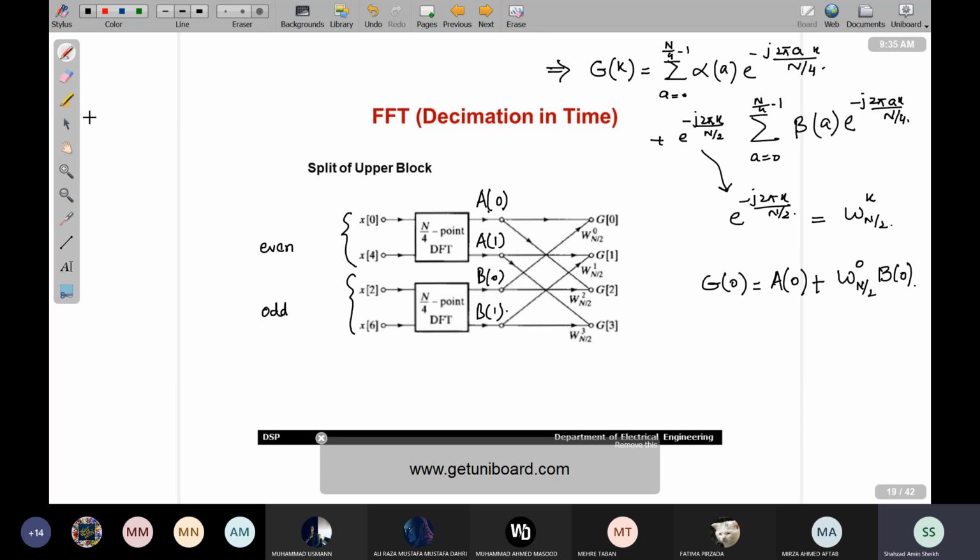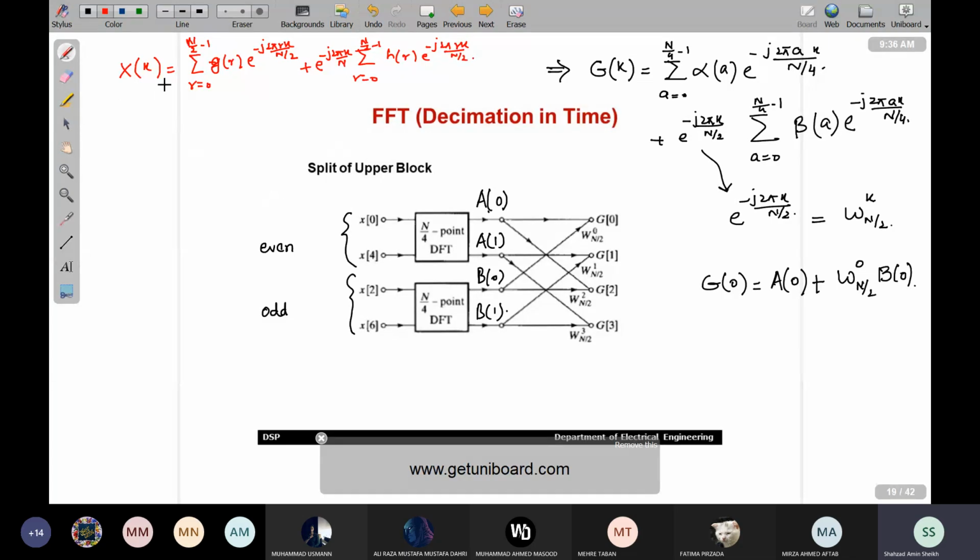Let me write it here in front of you. We wrote x of k, where r is equal to 0 to n over 2 minus 1 when we were splitting it, and we said that it is g of r exponential minus j 2 pi r k over n over 2 plus exponential minus j 2 pi k over n, r is equal to 0 to n over 2 minus 1 h of r exponential minus j 2 pi r k over n over 2.